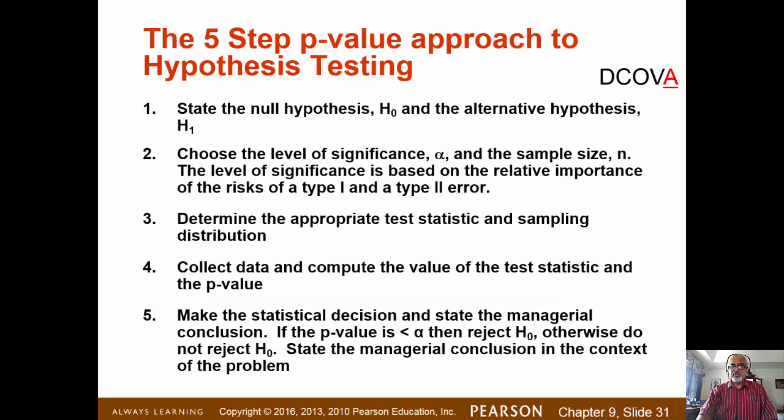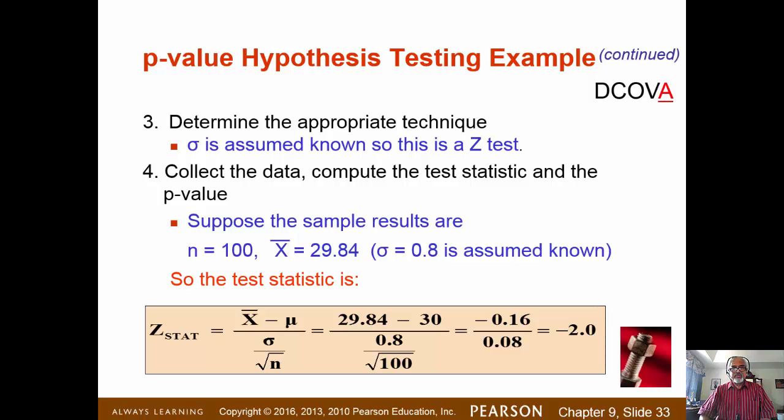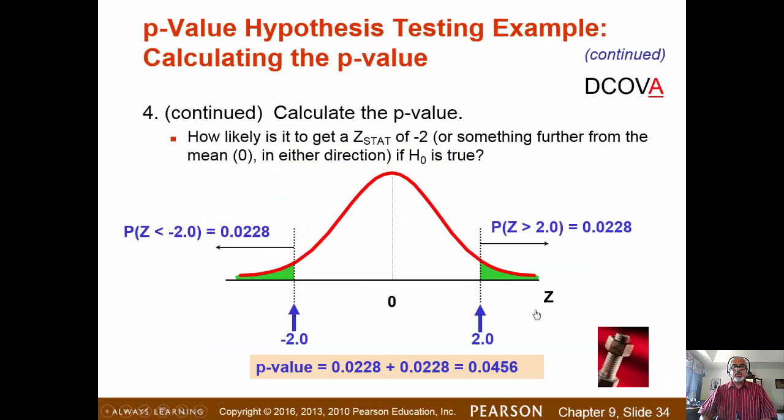And how to compute the p-value? Okay, so you compute the probability when mu is 30 and you find the z stat value, and for that z stat of minus 2, then you look up the probability. Okay, it's a two-tail test. You have to look at that tail as well as that tail. So you have minus 2 as the calculated z value, and for that calculated z value, the tail area from the normal distribution table is 0.0228. Now, since this is a two-tail test, you have a similar tail on the other side.